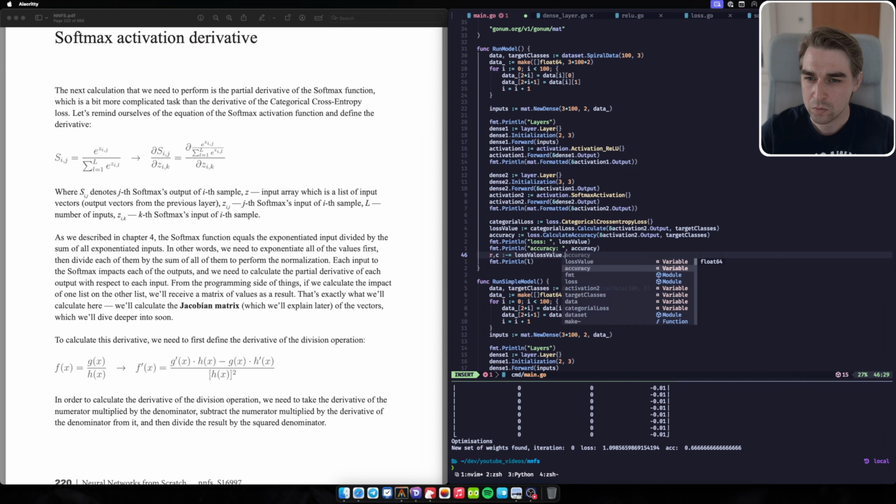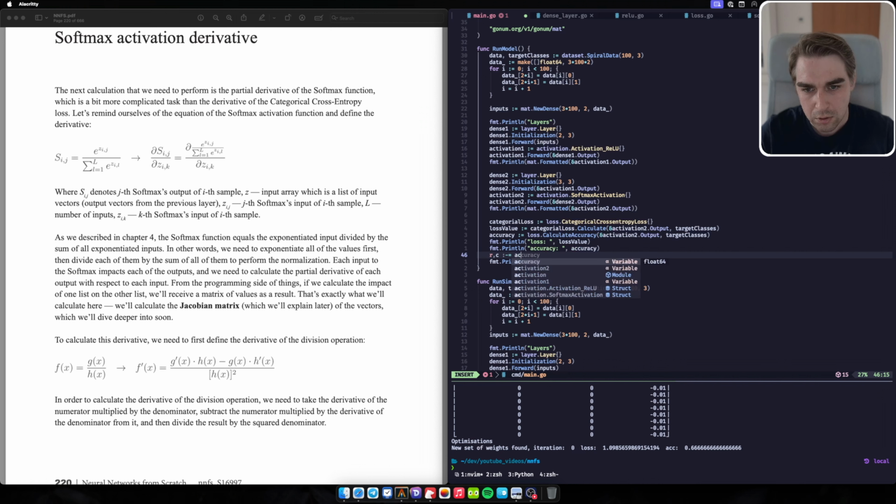Oh, that's not the loss value. Activation, second activation output. What happens? Activation 2 output. Oh, okay.